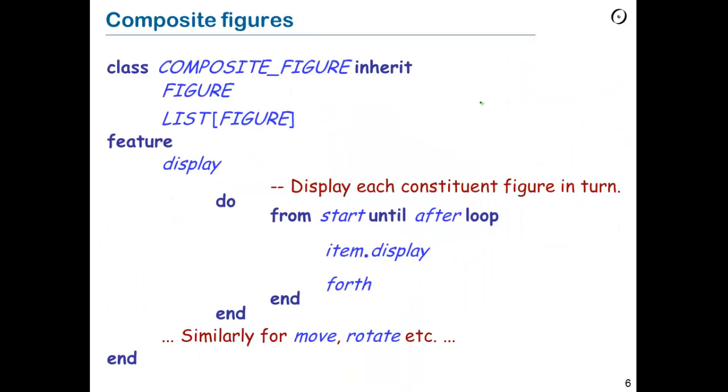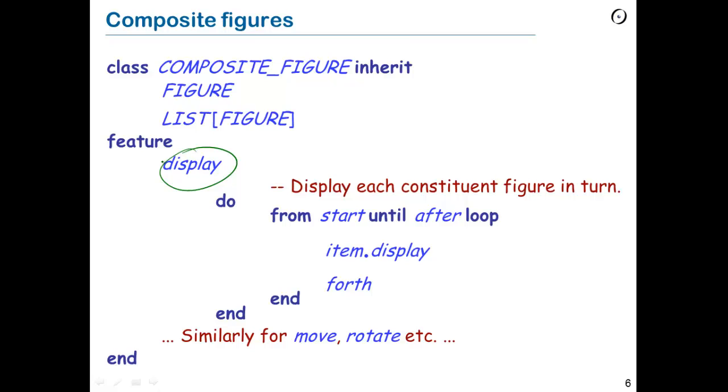So this is how we are going to write the class. Class composite figure inherits from figure and inherits from list of figure. And then this is where things become, I think, really elegant. When it comes to writing individual features of the class, typically these are deferred features inherited from class figure, like display, which we now need to implement, to effect, in class composite figure.